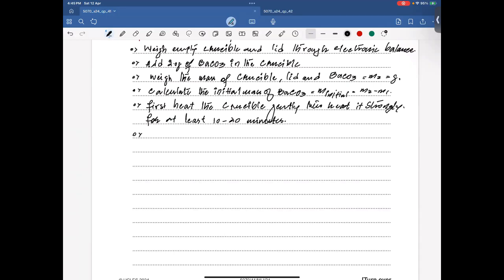After that, weigh the crucible, lid and remaining solid.